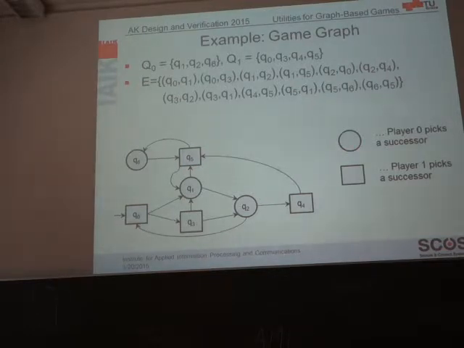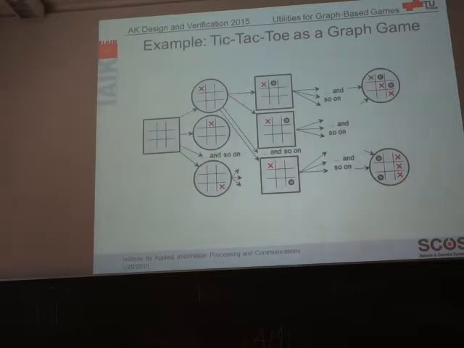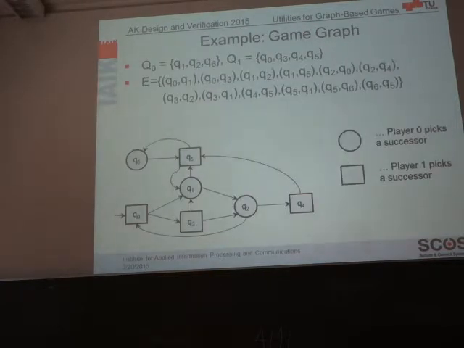This is easy to remember because the 0 in player 0 looks like a circle. And intuitively, we always look at the game from the perspective of player 0. So we are always player 0, and player 1, his states are visualized with a box, and player 1 is always the evil guy who wants to prevent us from reaching our goal, from winning the game.